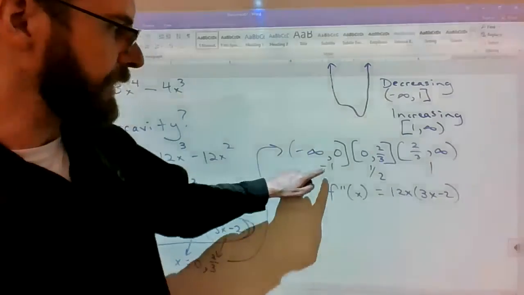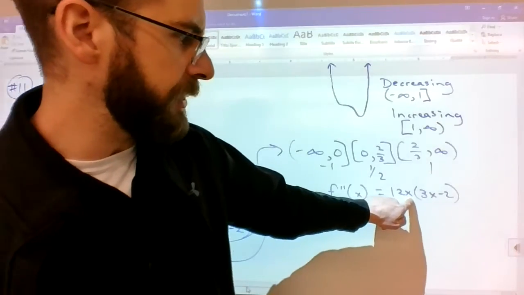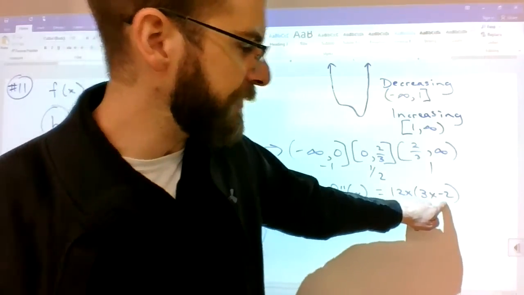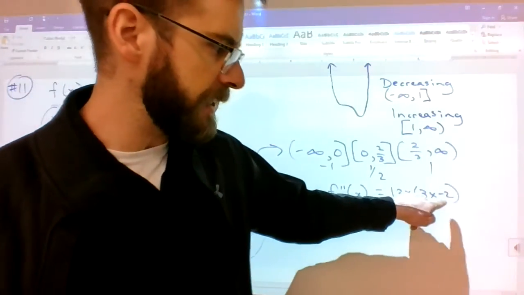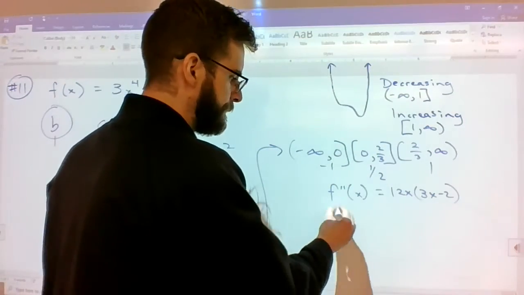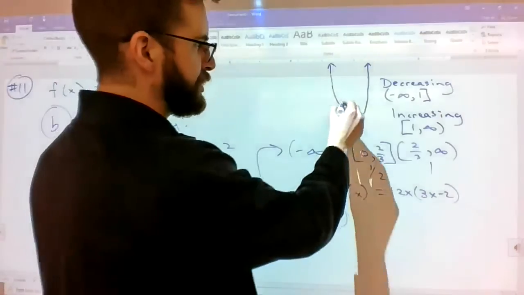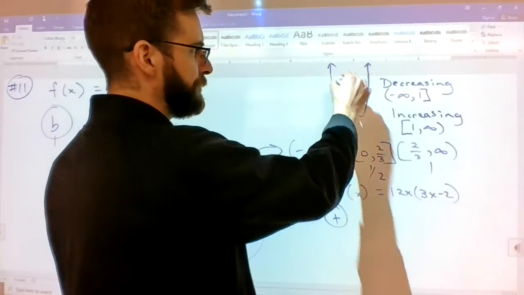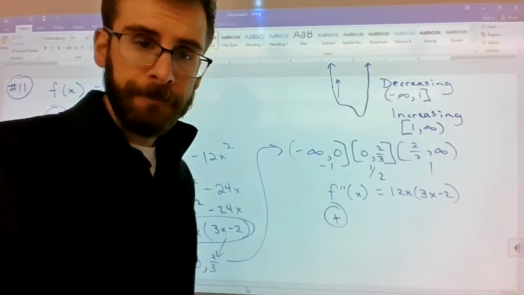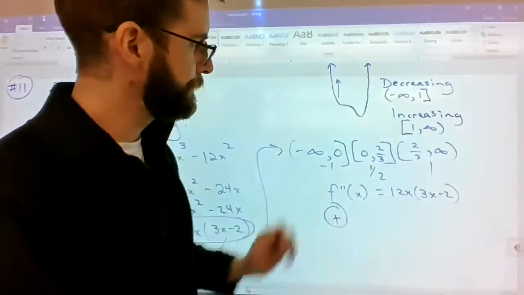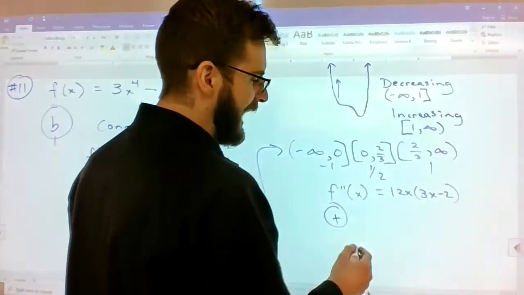All right, plug in a negative. You get a negative number here. Plug in a negative, you get a negative number inside here. A negative times a negative is a positive. Makes sense. It seems like this part right here should be concave up. It's holding water up. Plug in a half.